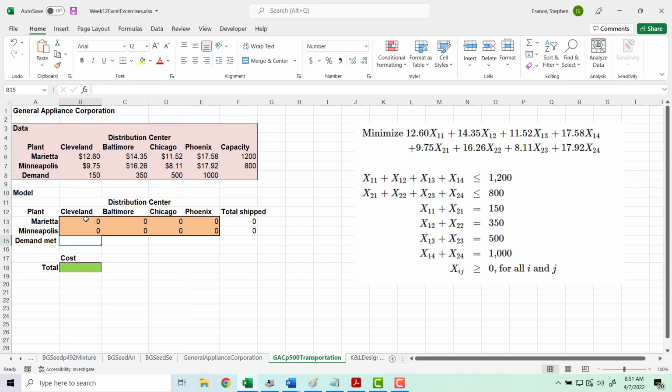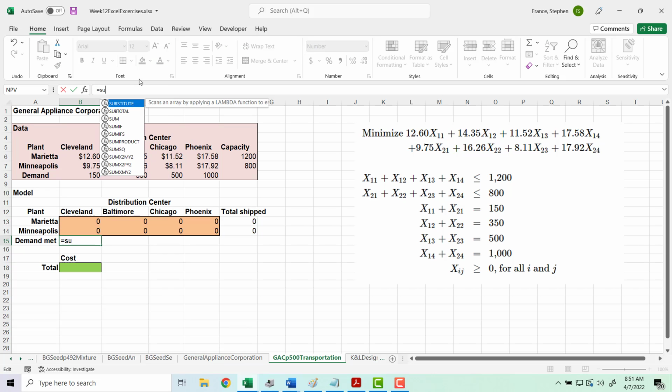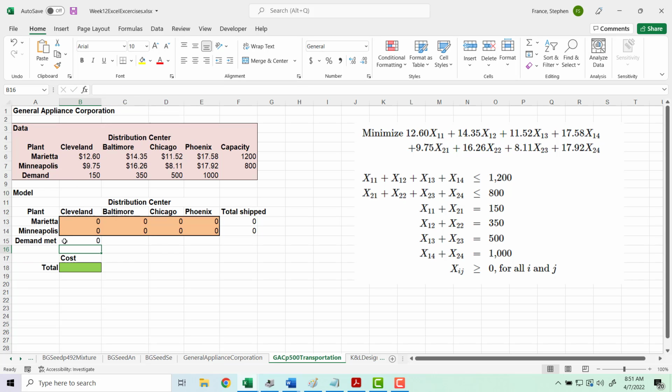And then the amount going to the distribution centers this time is going to be the columns. So for Cleveland, it's how much we send to Cleveland from Marietta plus how much we send from Minneapolis. And we're just going to go to the right. And the total cost is basically going to be all of these values multiplied by the associated costs.